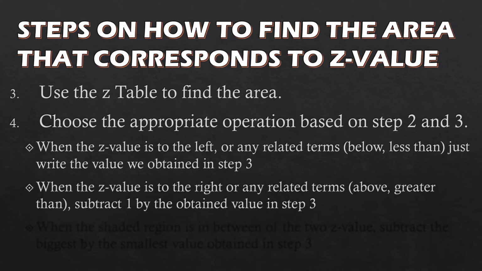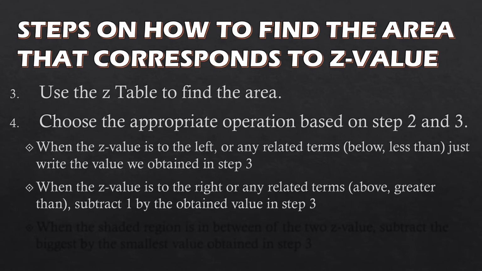Second condition, when the z value is to the right, or any related terms such as above, greater than the z value, we need to subtract the value obtained in step 3 from 1.